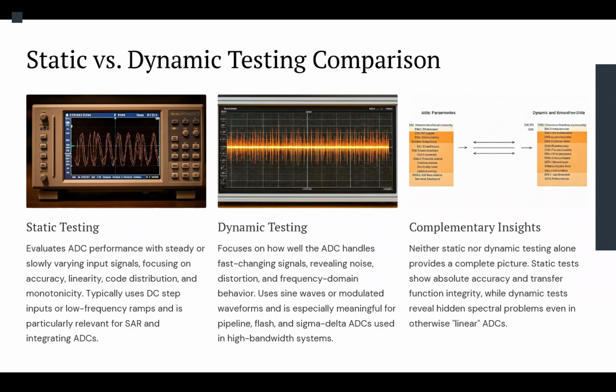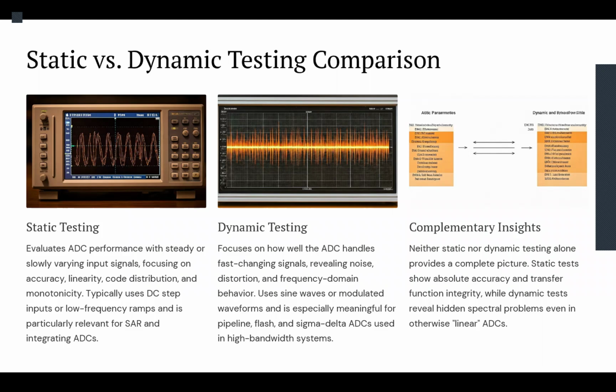On the other hand, dynamic testing evaluates the ADC under rapidly changing input, like sine waves and two-tone signals, as we already talked about. Dynamic tests mostly focus on how the ADC handles noise, distortion and frequency domain integrity.